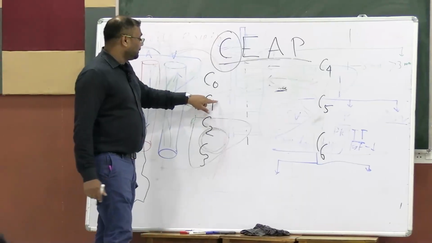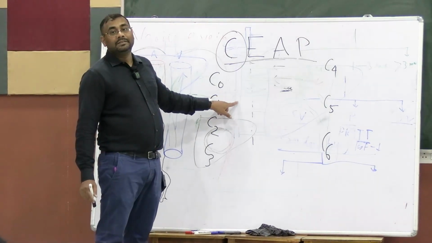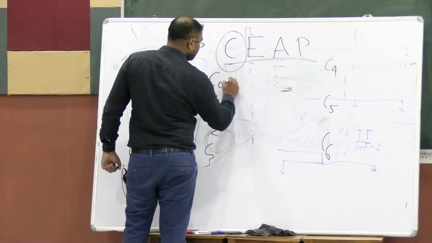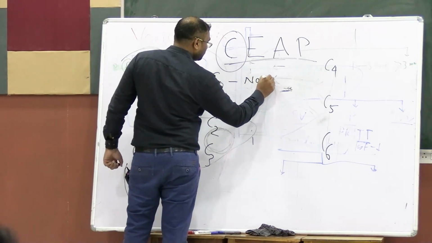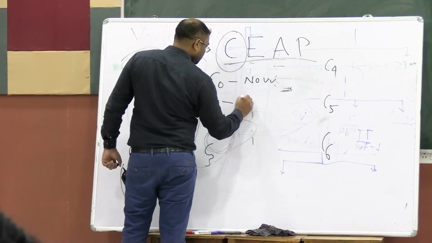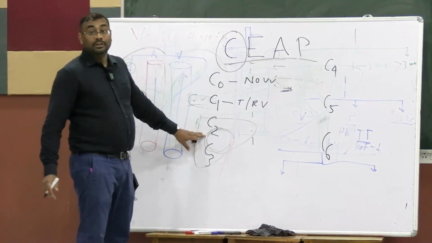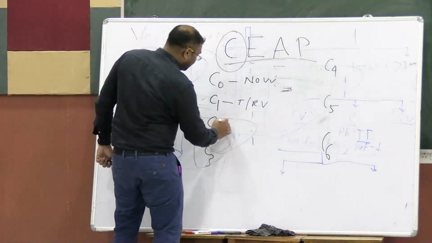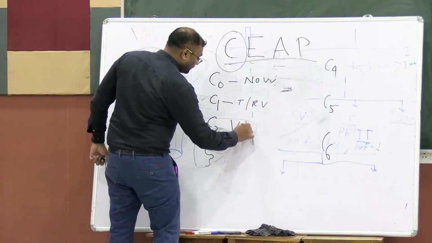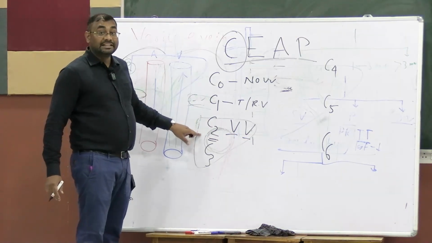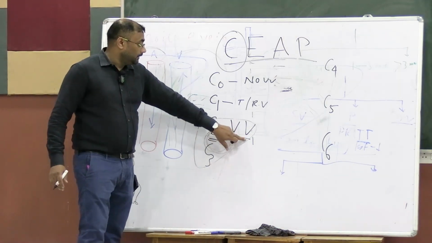So in C1 there will be telangiectasia or reticular veins, okay. In C2, remember 2V. So varicose veins come under C2. Remember 2V, varicose vein.